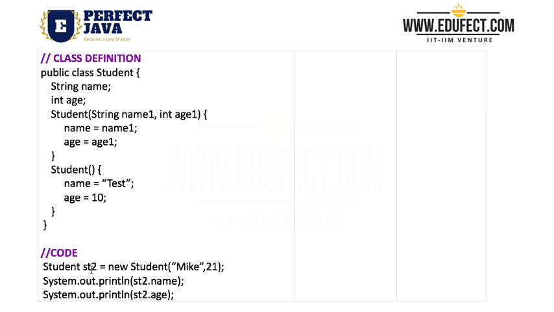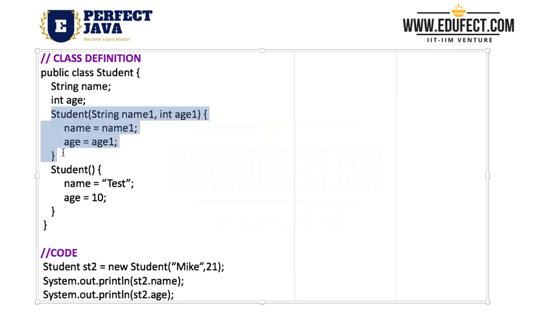Similarly, here we are calling Student st2 is equal to new Student Mike, 21. Now which constructor will get called? This is the constructor which will get called, and here name1 will be Mike, age1 will be 21. So st2 will have name is equal to Mike and age is equal to 21.